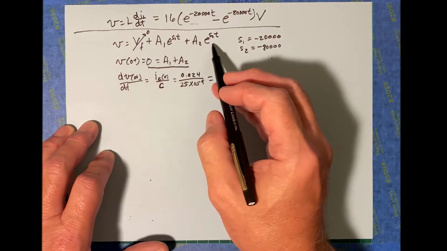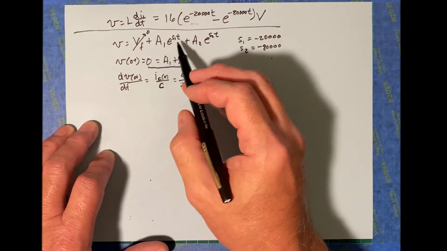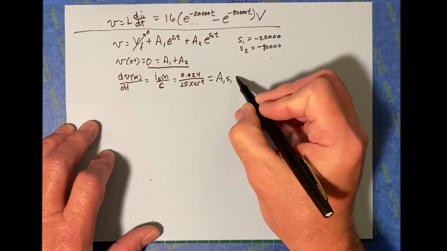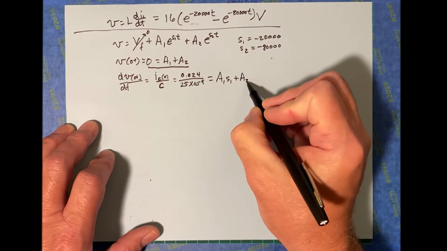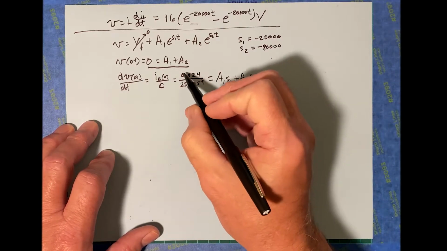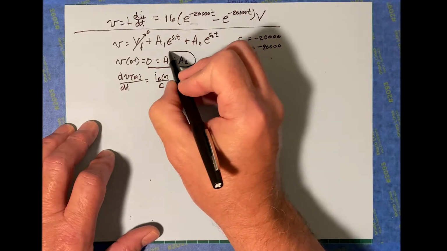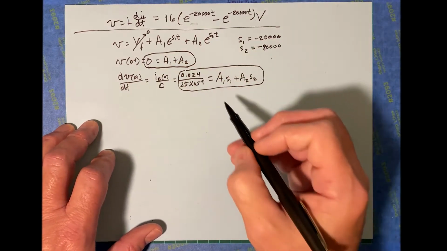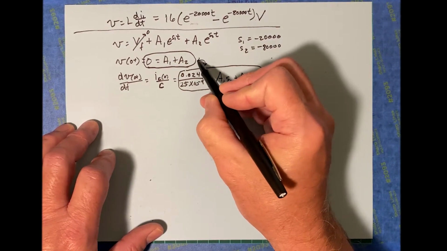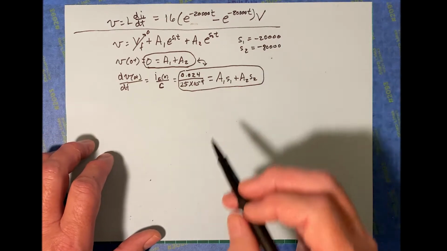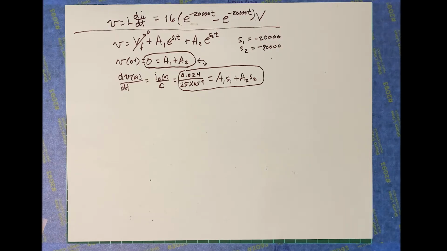So take the derivative of this up here, evaluate it at T equals 0, and you end up with A1 S1 plus A2 S2. So here is our second equation. This one was our first. So now we've got two equations, two unknowns. S1 and S2 are these values up here. So you should be able to solve for that.